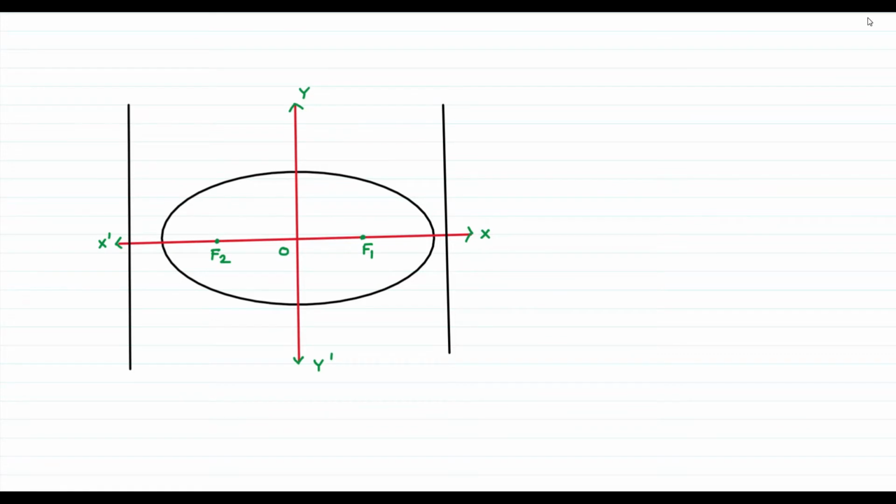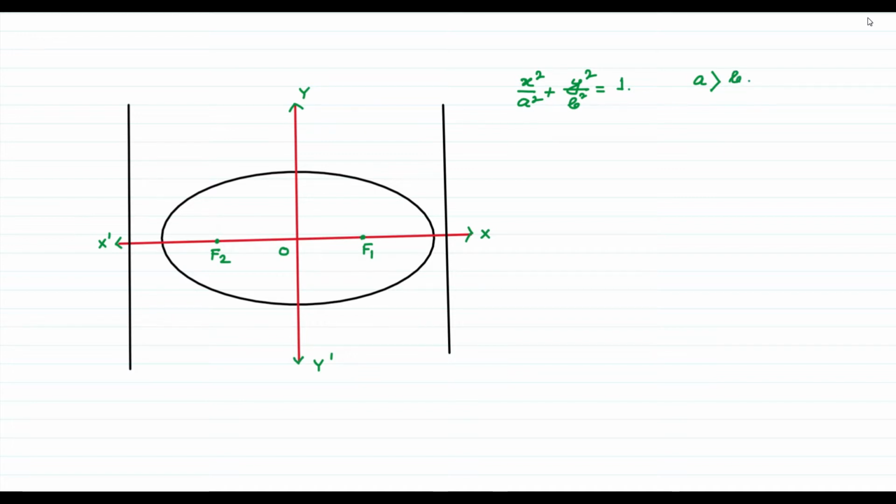Now we will be discussing the equation of the ellipse in standard form. The equation of the ellipse in standard form is x square by a square plus y square by b square equals 1, where the major axis must be greater than the minor axis.